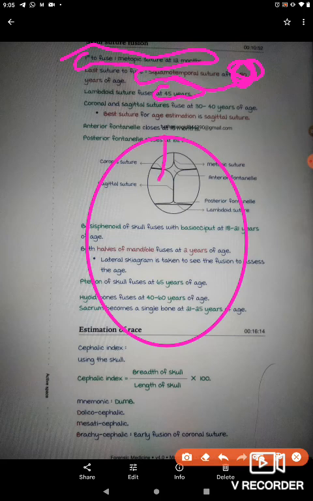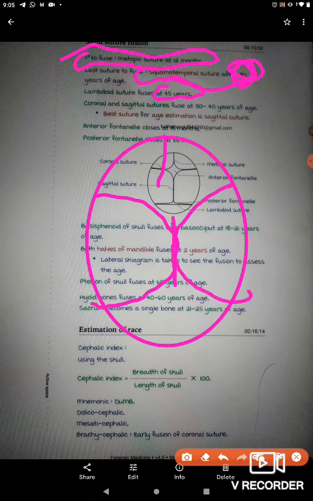This appears the metopic suture, and between the parietal bones there is the sagittal suture. Between the frontal and the parietal bone is the coronal suture, and behind that is the lambdoid suture.